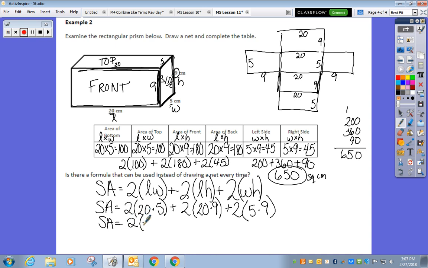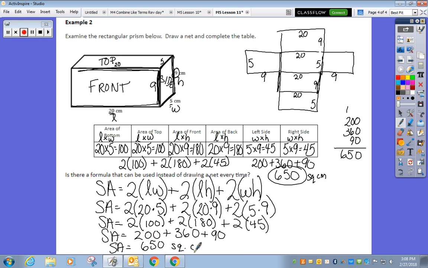I personally would break it down like this. You can just kind of multiply at the same time. And then keep breaking it down until you get your surface area.